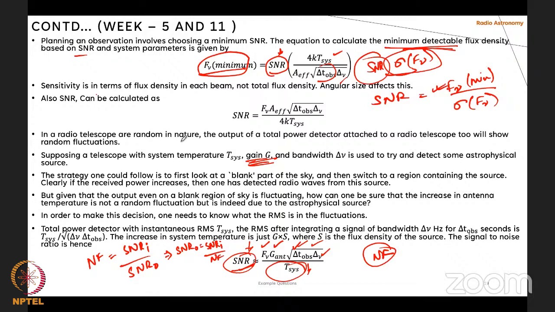Now, when we want to do astronomy, the first thing we need to know is where the star is located, right? To do an observation, we need to know the area of the sky which we are observing.